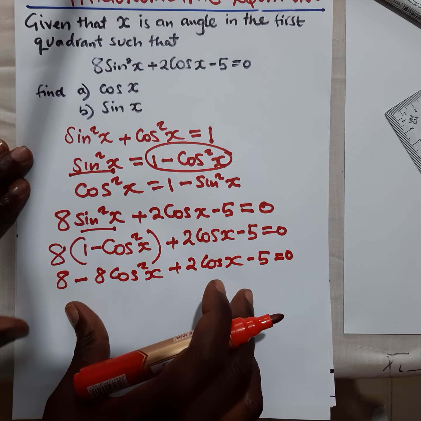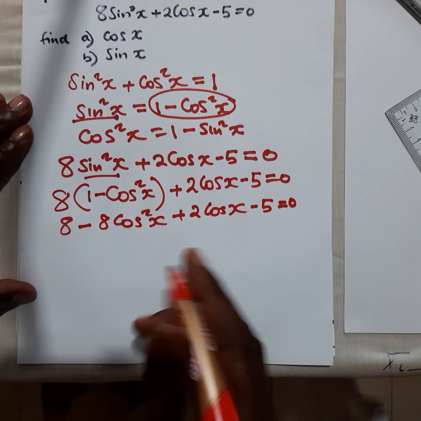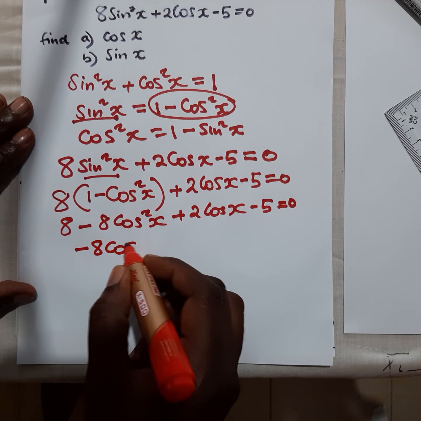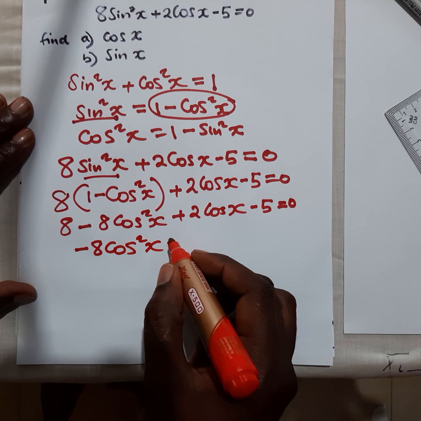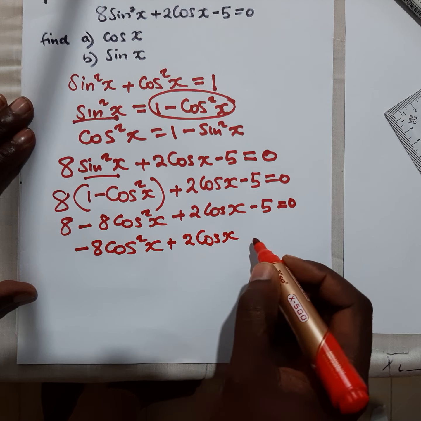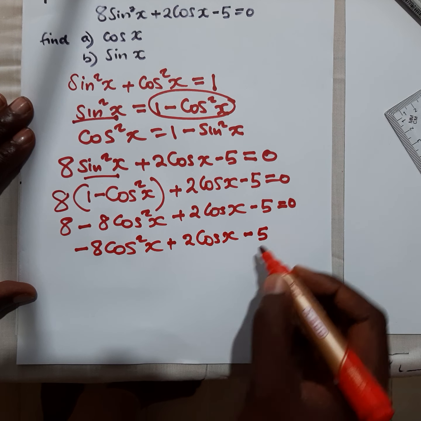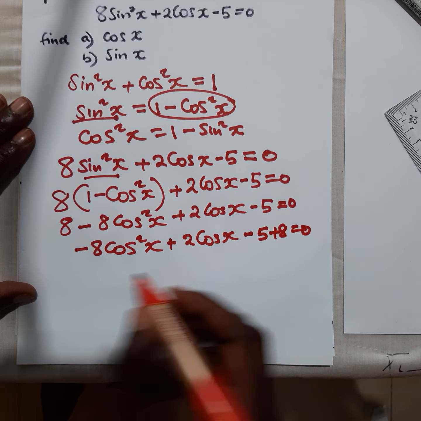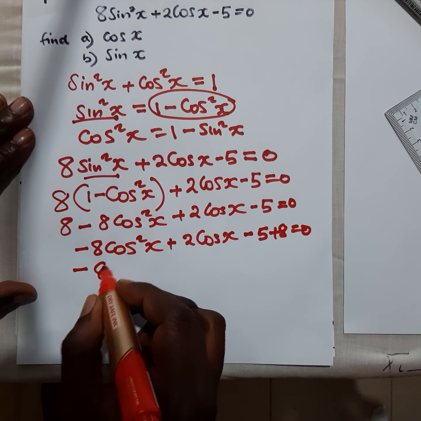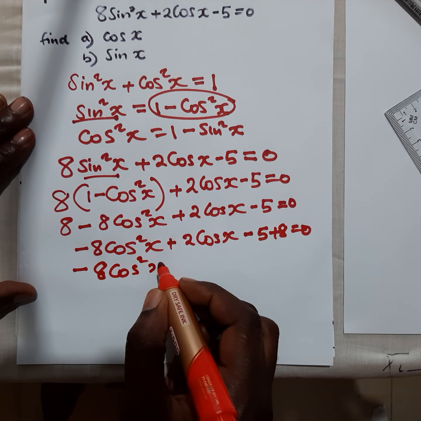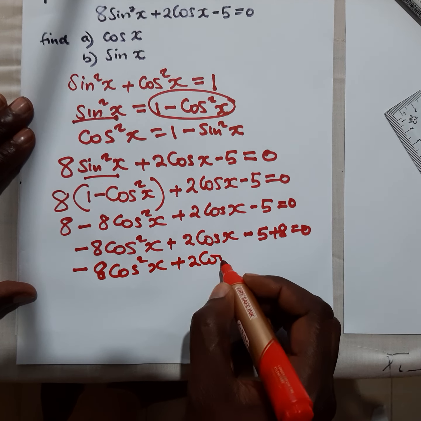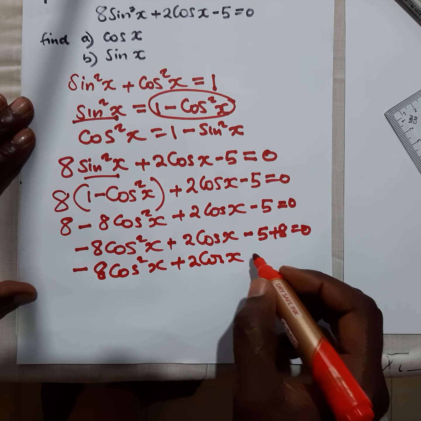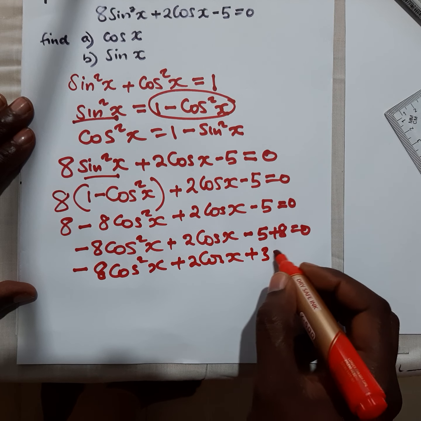We can rearrange it: minus 8 cos squared x plus 2 cos x, then 8 minus 5, which gives plus 3, equals 0.